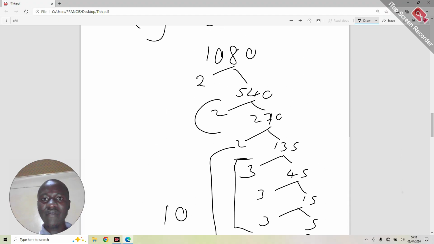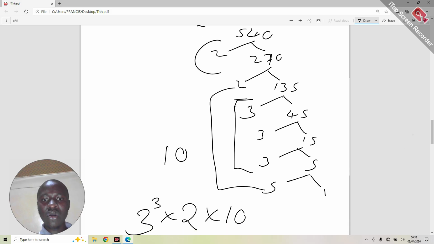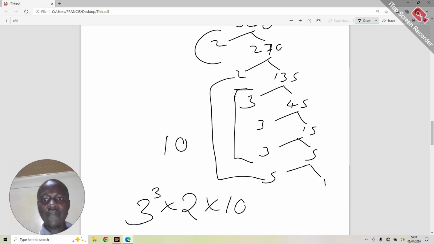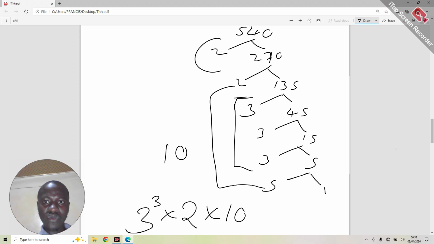Okay, so 5 times 2 is giving us 10. Then we have 3 cubed giving us 27. And we have 2.